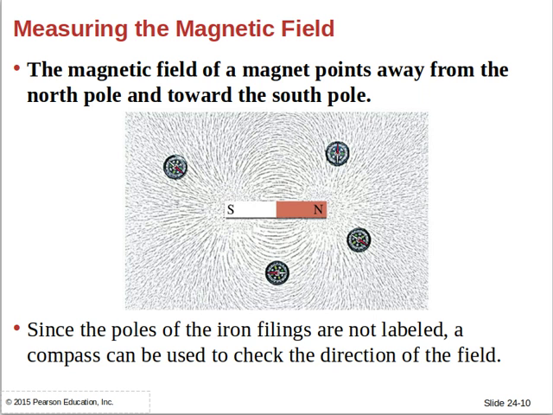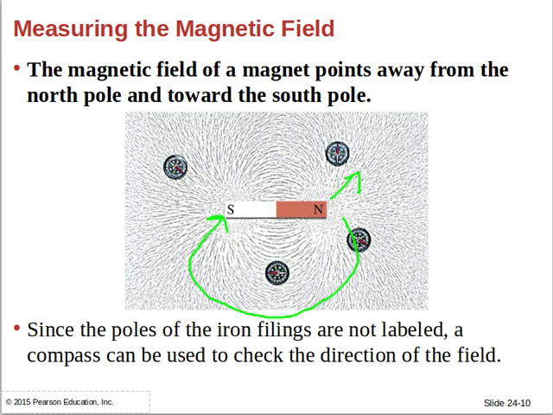You can see how, if they're sprinkled on the table and then the magnet is placed on that table, they will line themselves up along the field lines. And so you see the field lines look like they emerge, for example, from the North Pole right here, and curve around to the South Pole.